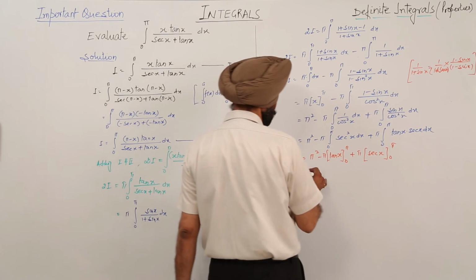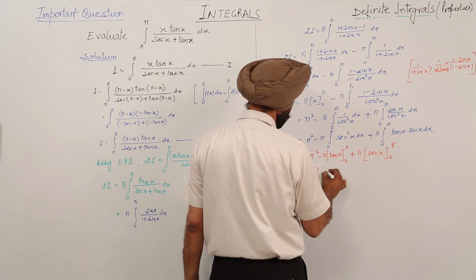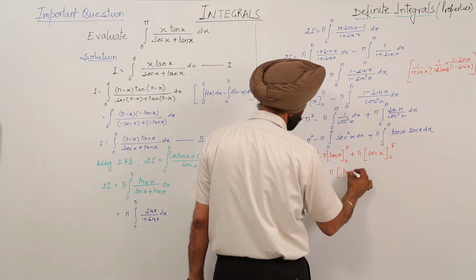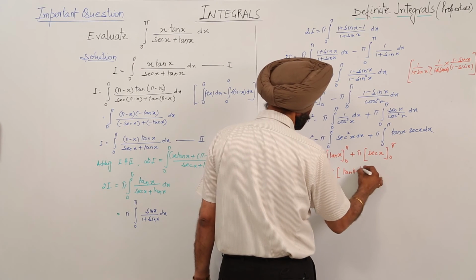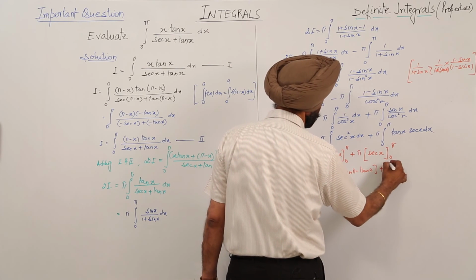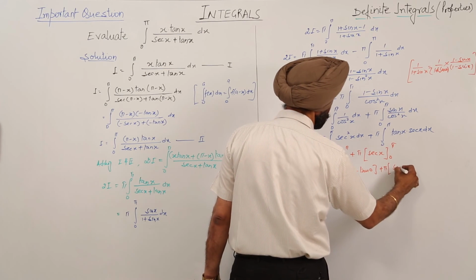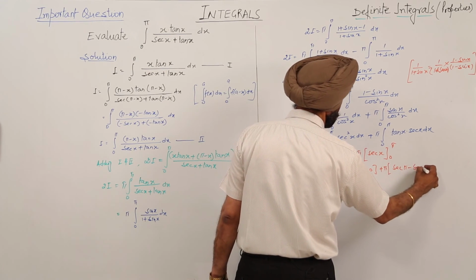Okay, so it is pi square minus pi (tan pi minus tan 0) plus pi (secant pi minus secant 0).